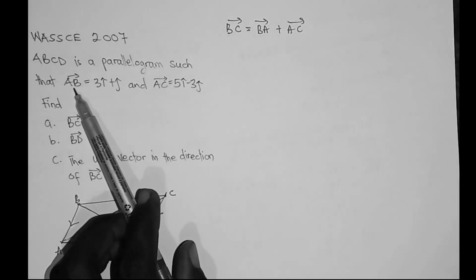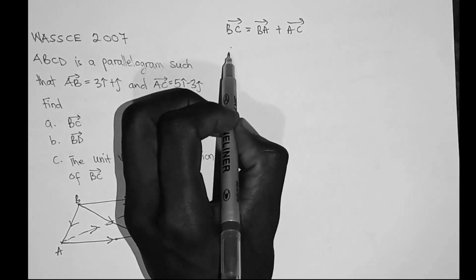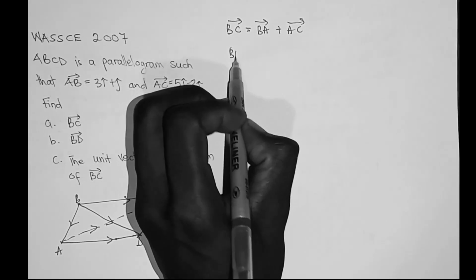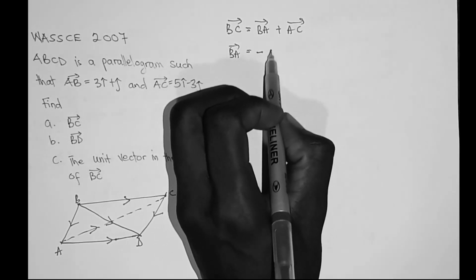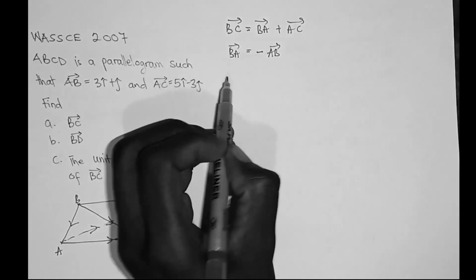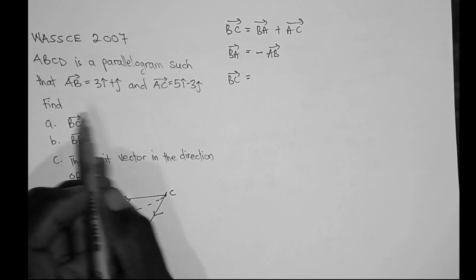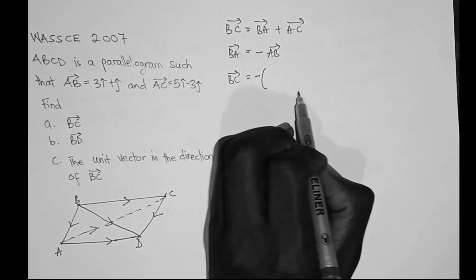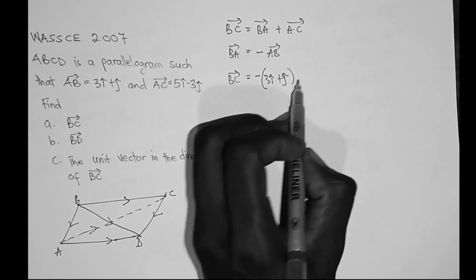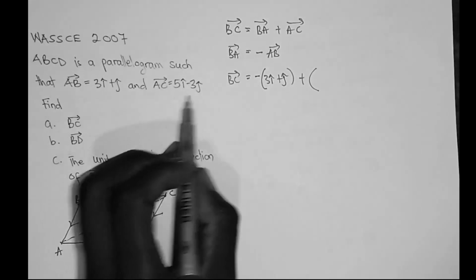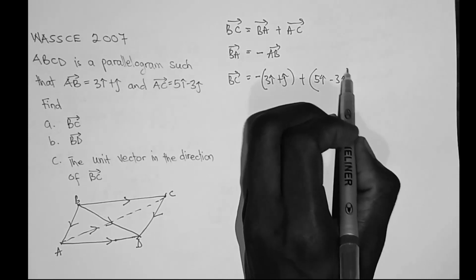So BA is just going to be the negative of AB. So vector BA is equal to negative the vector AB. So vector BC is equal to, when you negate AB, minus AB, and AB is 3i plus j, then plus AC. AC is 5i minus 3j.